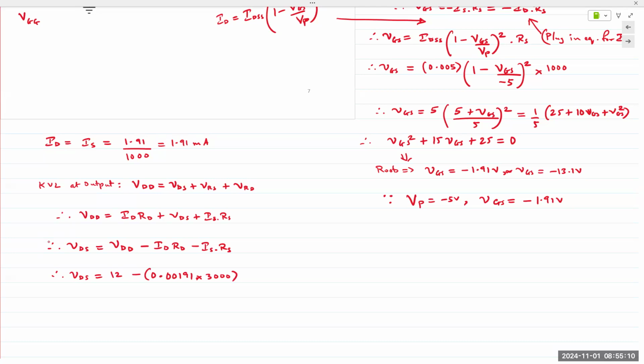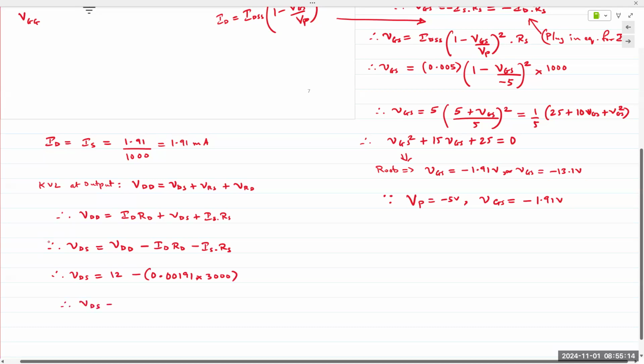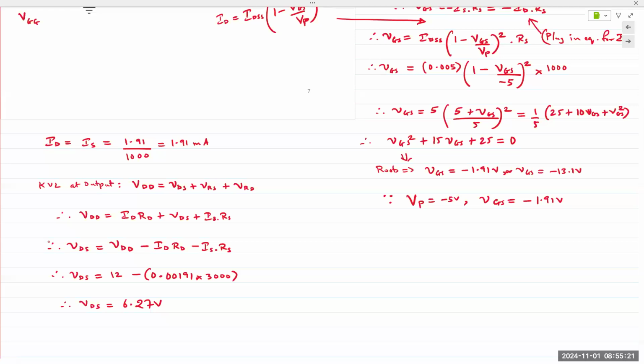And so therefore, VDS is equal to 6.27 volts. Okay, 6.27 volts.